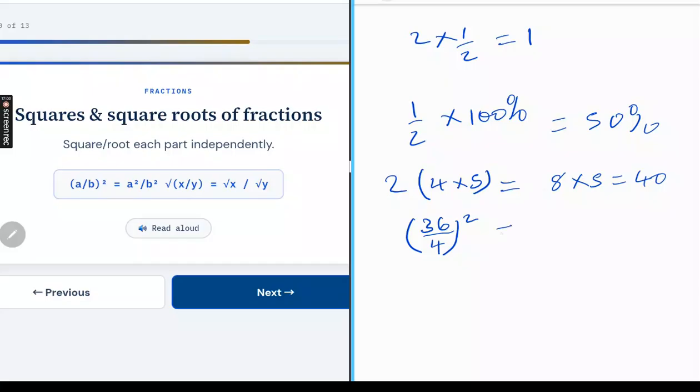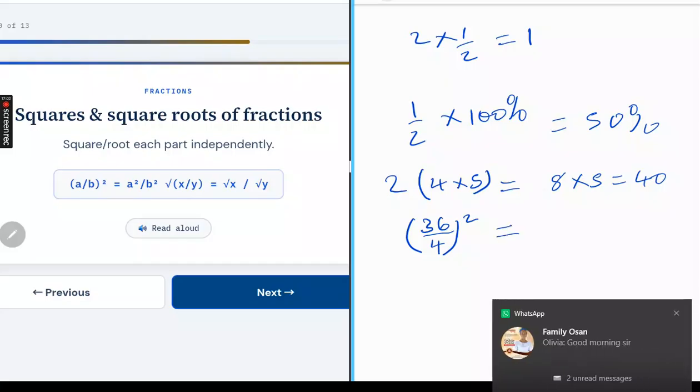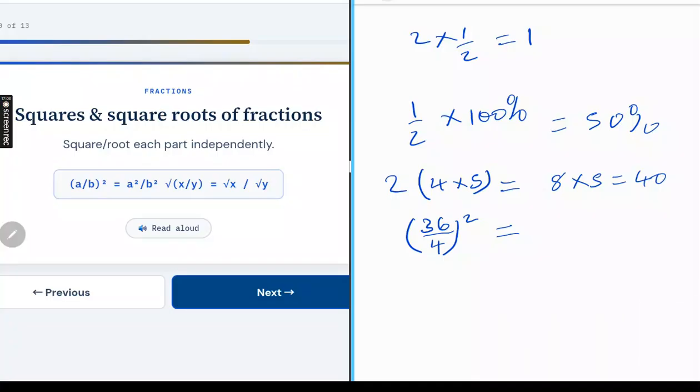You notice that this number is too big. We can try something, but let's use it. There's no problem, only that it is going to force us to do a large calculation. But you know that what this is supposed to give us at the end of the day is 9 squared, which is 81. So let's work this out. At least we know that 4 squared is 16.